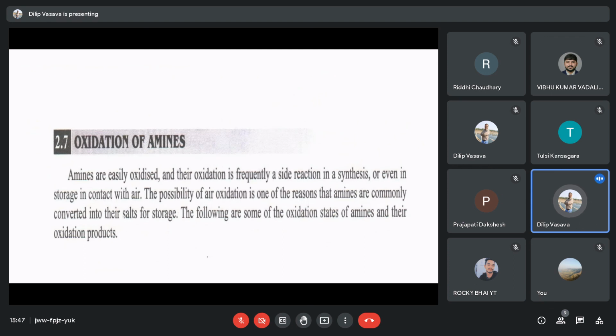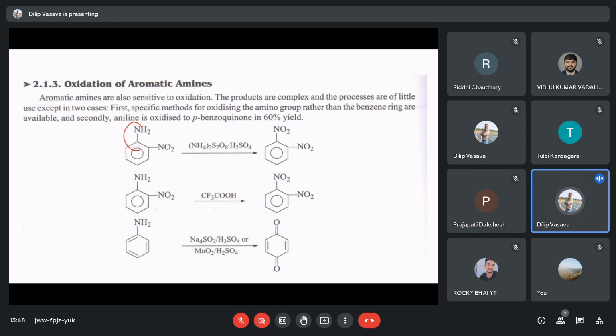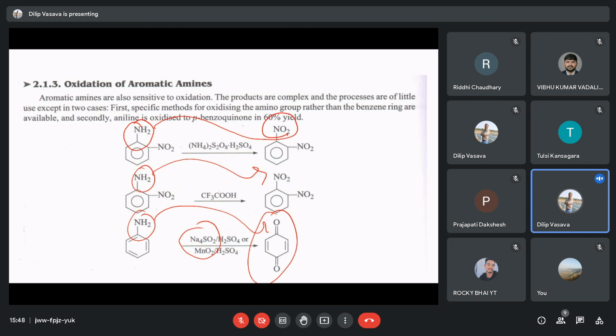Oxidation of amine. As we have mentioned, oxidation of amine gives NO2. So this NH2 is oxidized to NO2. Reduction gives NH2 and oxidation gives NO2. Here, in the presence of MnO2, it gives the diketone, but in the presence of ammonium persulfate, it gives NO2, and the peracid of fluorine.